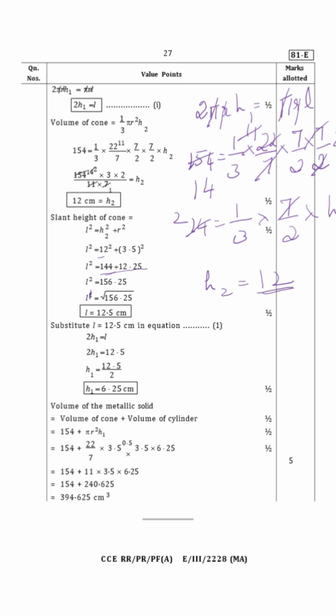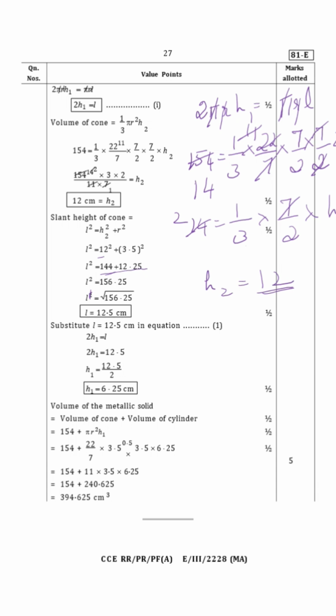So volume of the metallic solid is equal to volume of cone plus volume of cylinder. Volume of cone is 154, volume of cylinder is pi r square h1. Now let us calculate it separately.